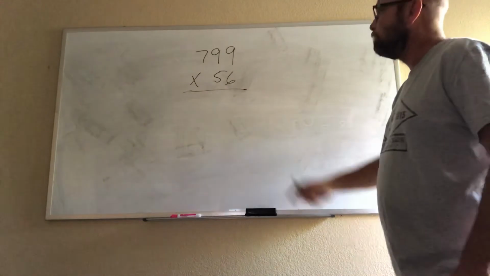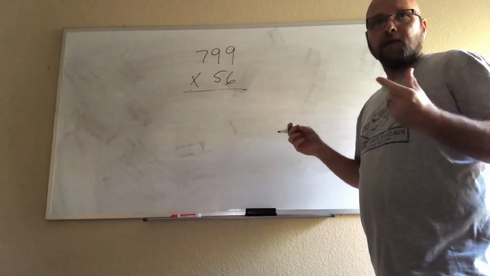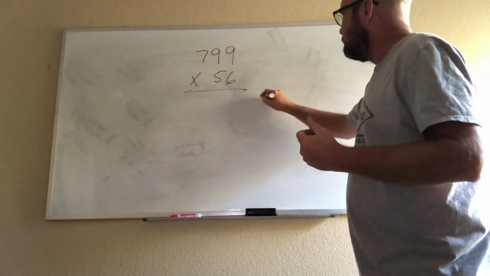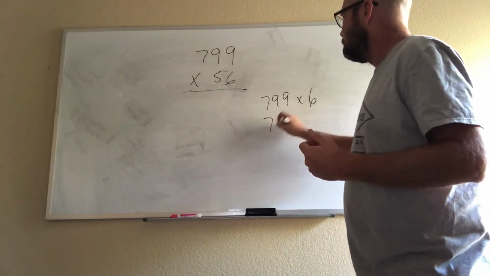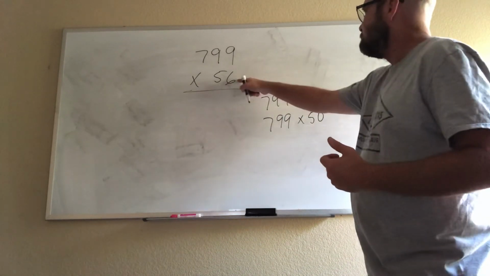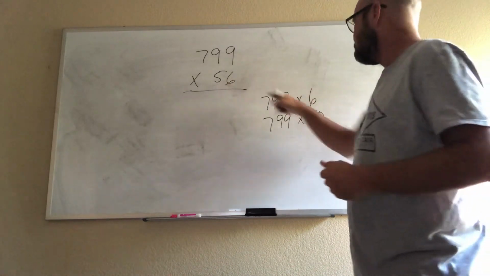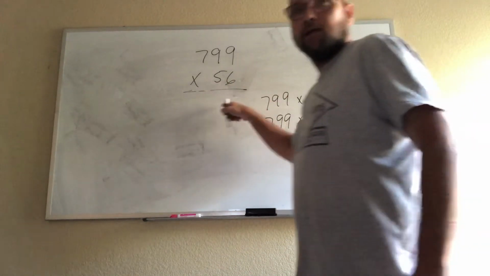You can just watch. If you need to break it into pieces, you're multiplying 799 times 6 and 799 times 50, because 6 is in the ones place, 5 is in the tens place. And so we're going to break it down.